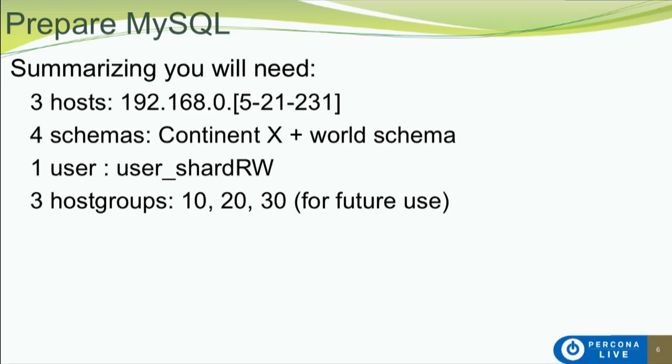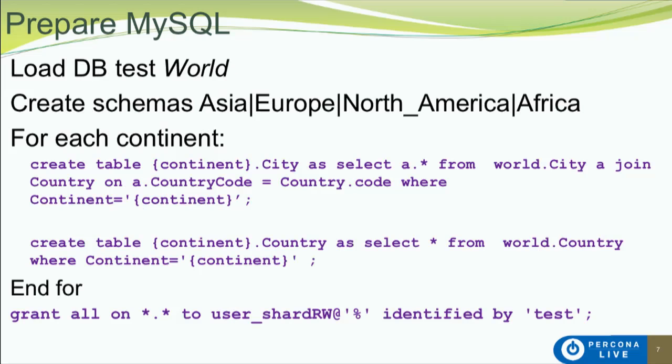I assume you are already familiar with ProxySQL, at least how to configure it, because this presentation takes that for granted. There was a presentation this morning that I did about the other part, so I'm really giving this for someone that is already aware of it.